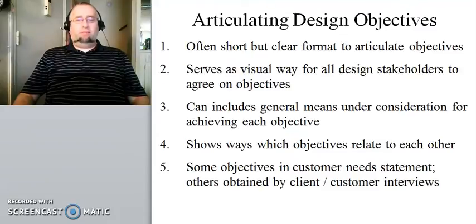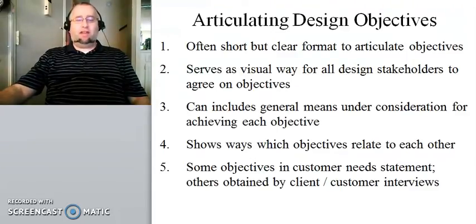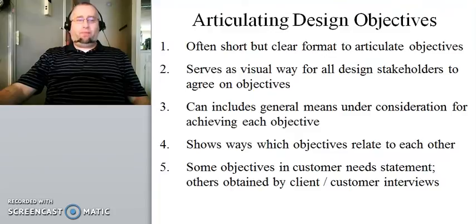This design objectives document can and often does include the general means under consideration for achieving each of those objectives, and I'm going to talk to that a little bit more in slides coming up here. One thing that it does is show the ways in which the various objectives relate to each other.